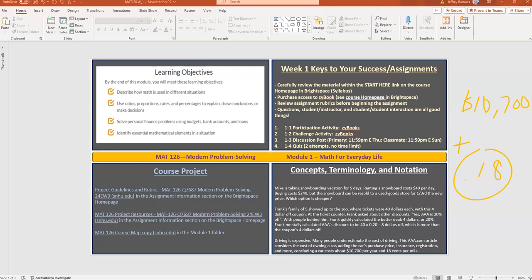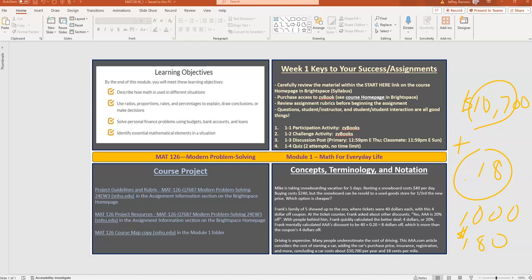So if I wanted to figure out what would happen if I drove 1,000 miles a year, what would be my total ownership cost in this case? I would start with my basis of $10,700, and then for every mile that I'm driving, I take 0.18 times that. So what I'm adding here looks to be another $180 to my already very expensive $10,700 to drive the car.